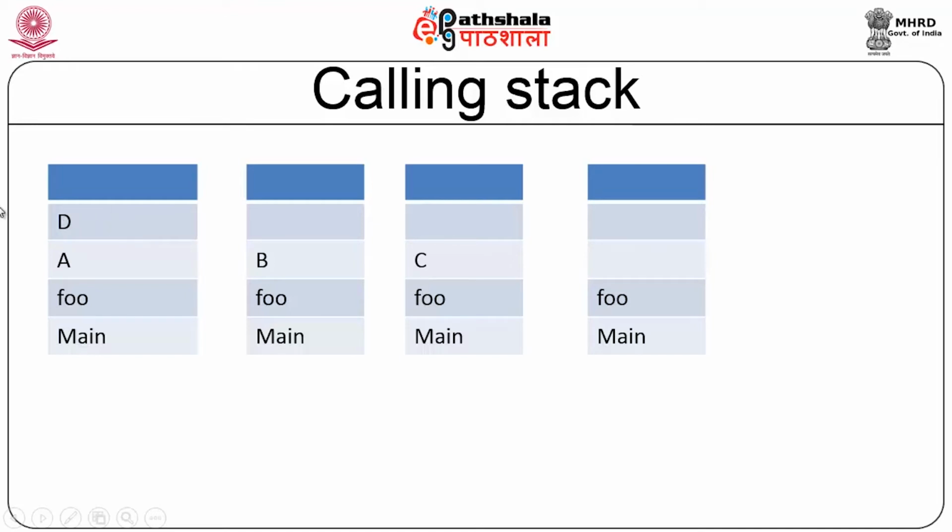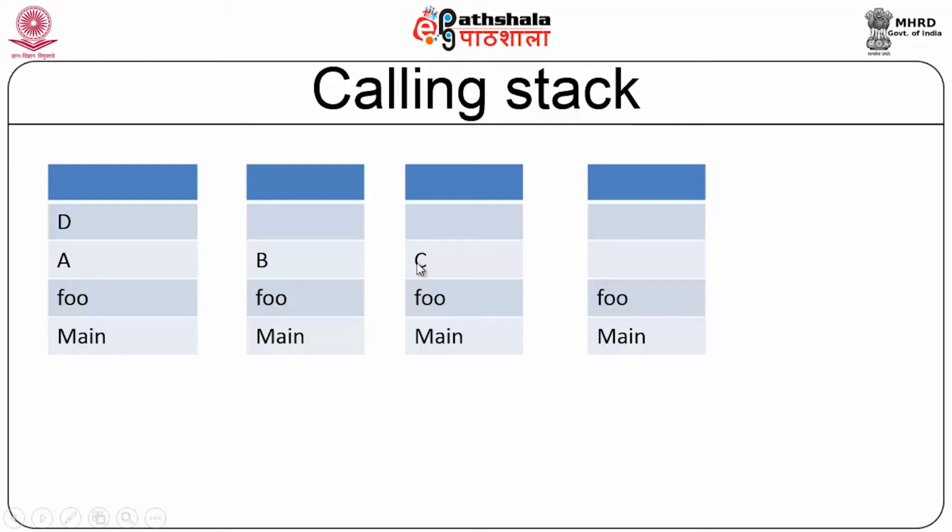Not only that, when D is done with its job, that symbol table is removed from the stack, and when A also returns to foo, that symbol table is also no longer available. And when foo is going to call B, that alone gets added.